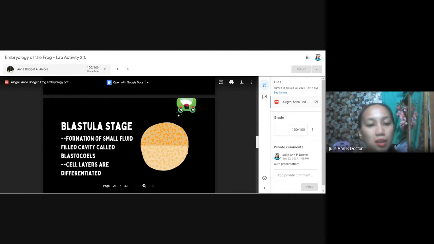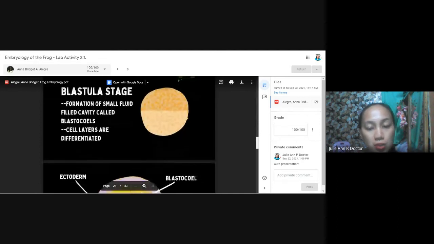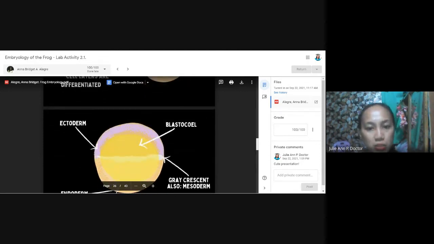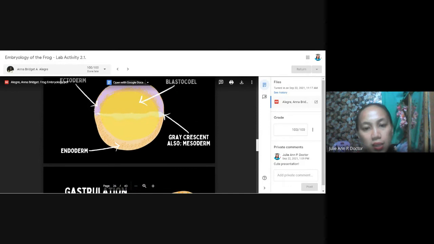Okay, cell layers are differentiated. So when we say differentiated, some will become the ears, some will become the nose, some will become the brain, etc. Ectoderm, blastocoel, gray crescent, also the mesoderm, and then the endoderm.